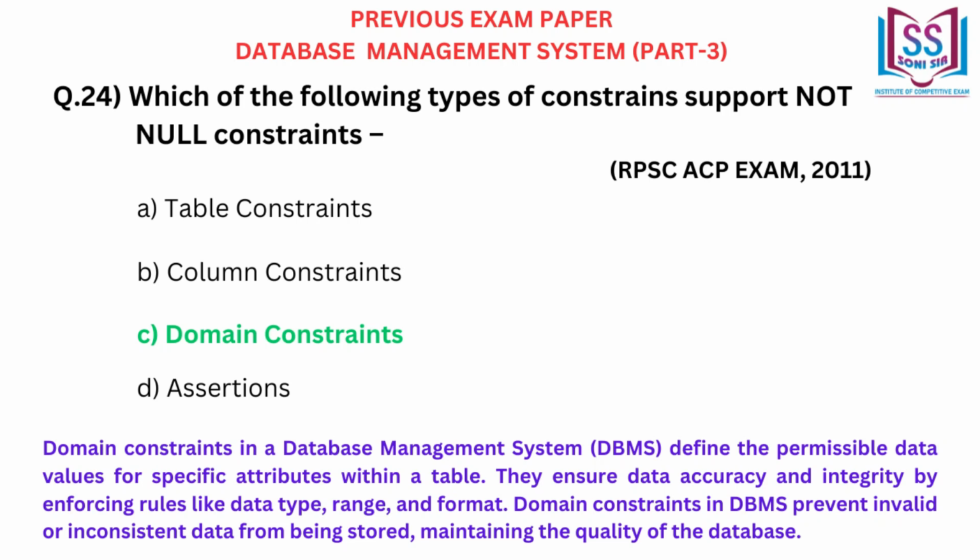Domain constraints in a database management system, DBMS, define the permissible data values for specific attributes within a table. They ensure data accuracy and integrity by enforcing rules like data type, range, and format. Domain constraints in DBMS prevent invalid or inconsistent data from being stored, maintaining the quality of the database.